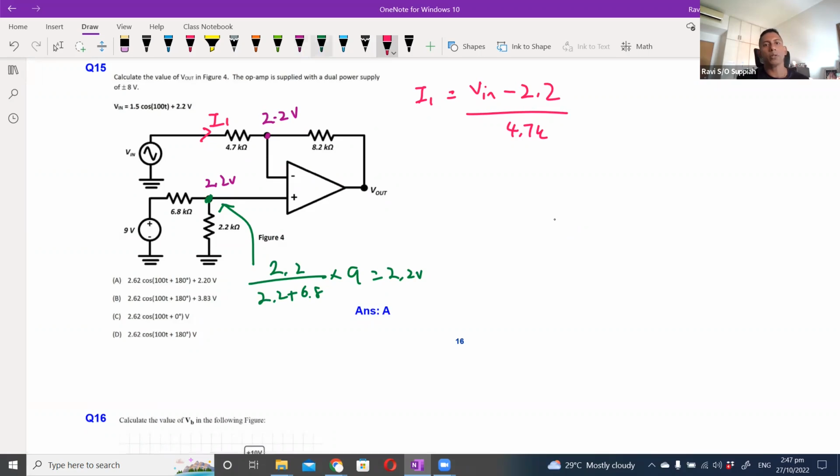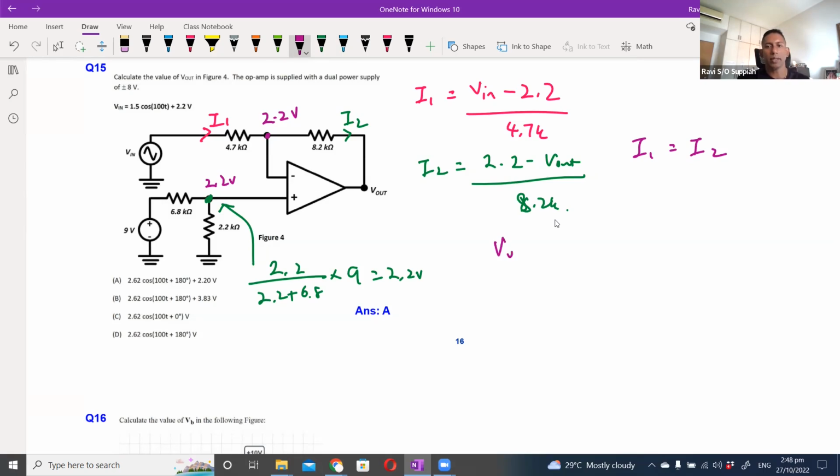Since no current flows into the negative terminal of the op amp, whatever current is flowing in I1 is the same current over here, I2. So I2 will be equal to 2.2 minus V out over 8.2K. And we know that I1 is equal to I2, so you can go ahead to simplify and solve it.